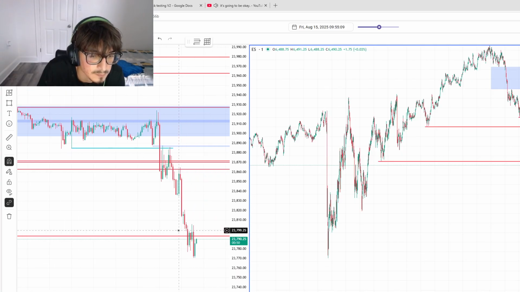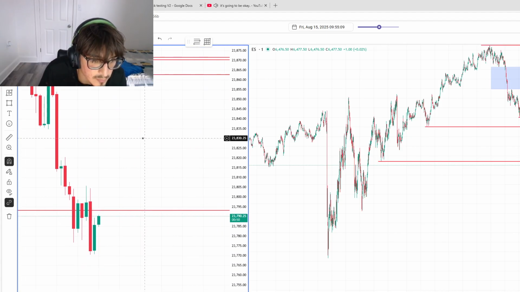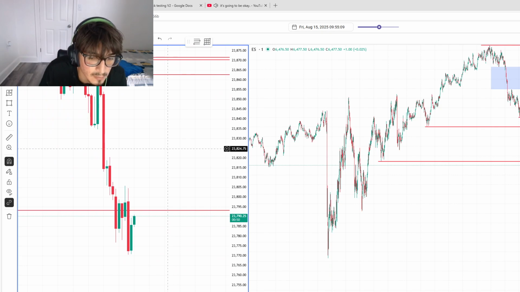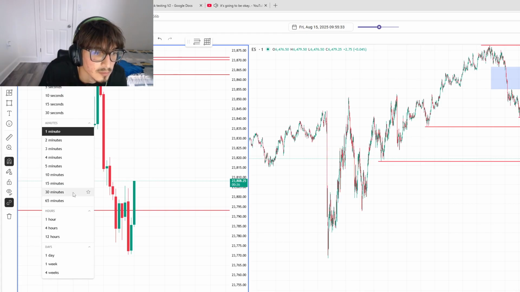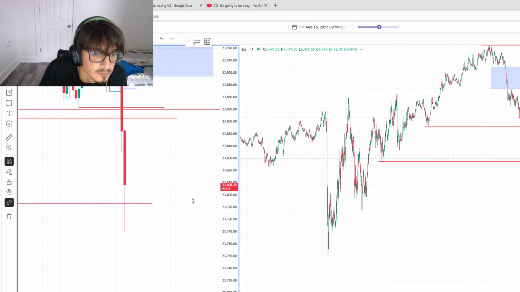Honestly, it's gonna be the best spot to see higher. But liquidity. Looks like we're gonna have a gap form here pretty soon.